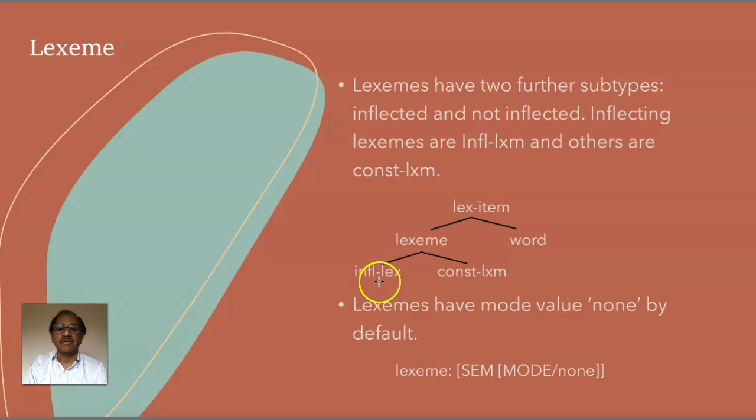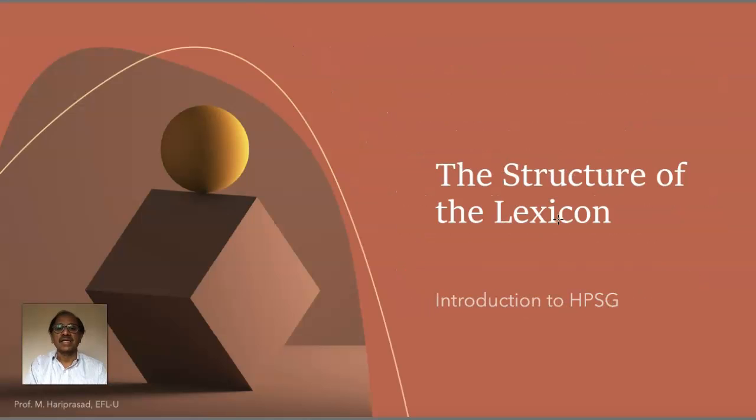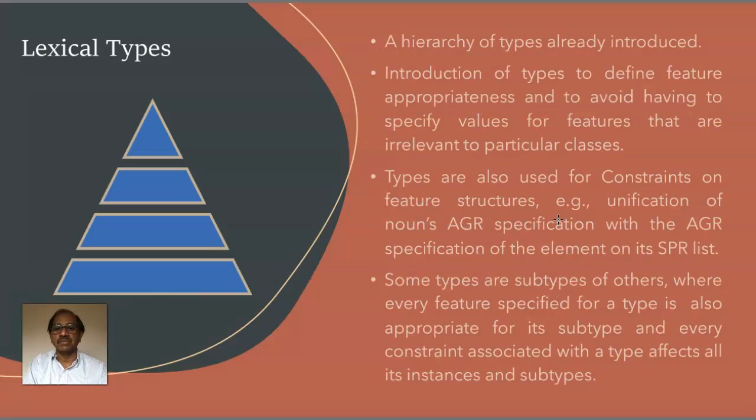Like if a verb is a subtype of inflecting lexeme, verbs will have proposition as their mode value. Then that will take precedence over this. Okay. So what we have seen in this video is that we tried to burden the lexicon earlier, but now we are trying to reduce the burden by looking at the structure of the lexicon.